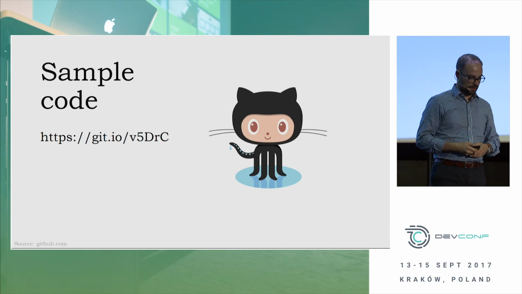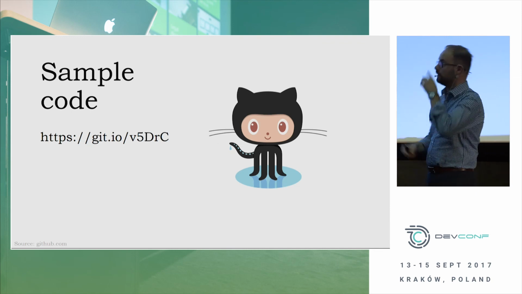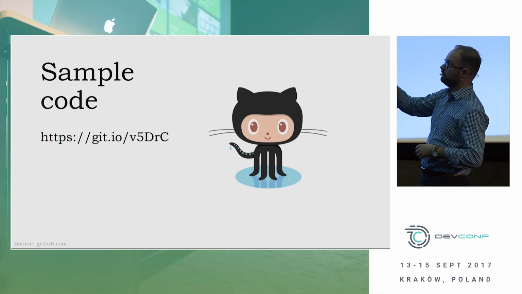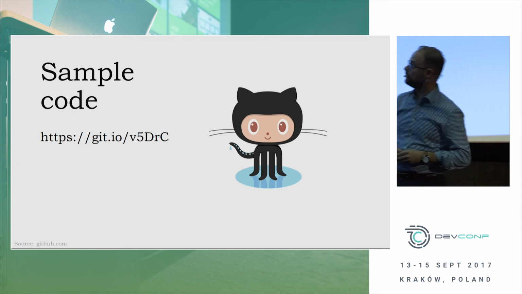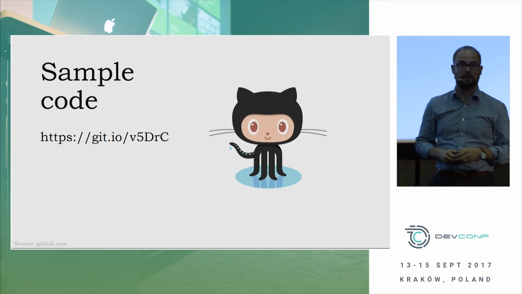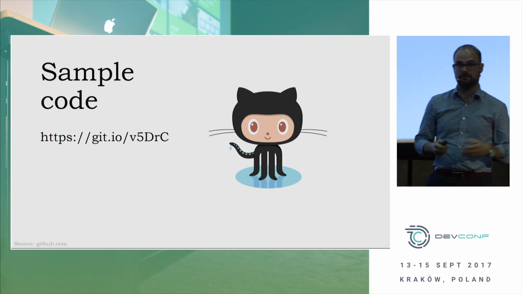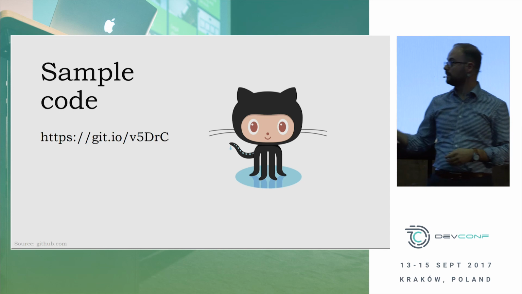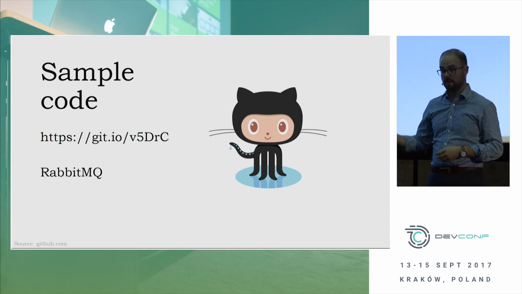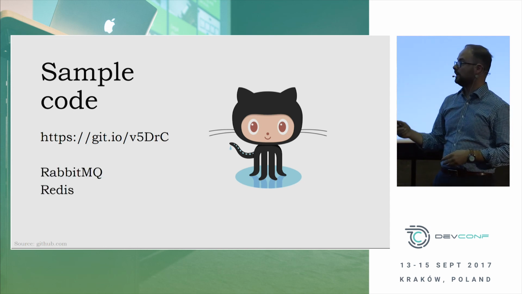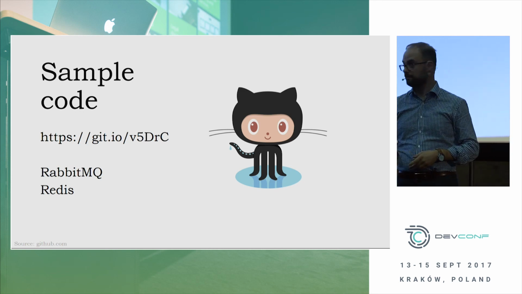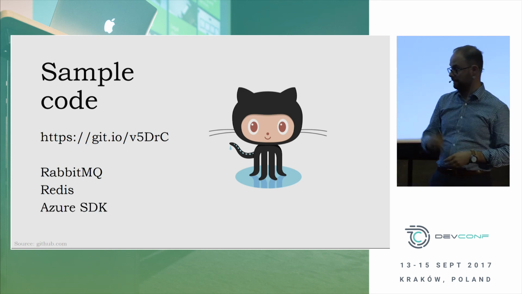If you want to fiddle with the code, it's on GitHub. You can take a picture of it. The bit after the link shortener is fairly cryptic, but I ensured that the whole repo name would be even harder to remember. To play with it, you need RabbitMQ, obviously, and you'll also need Redis, and you will need the Azure SDK.